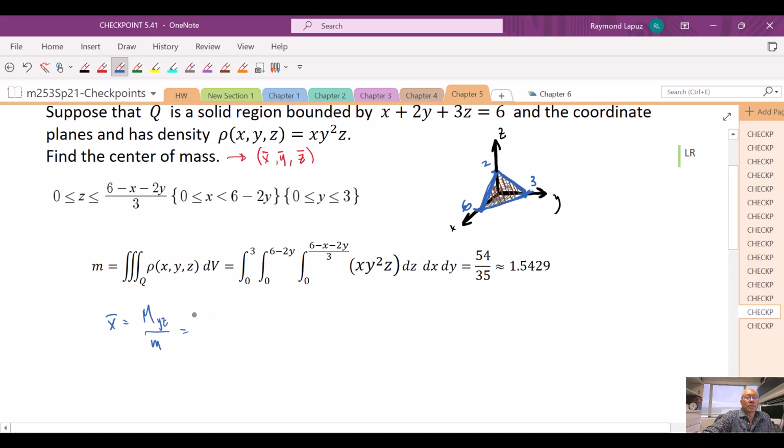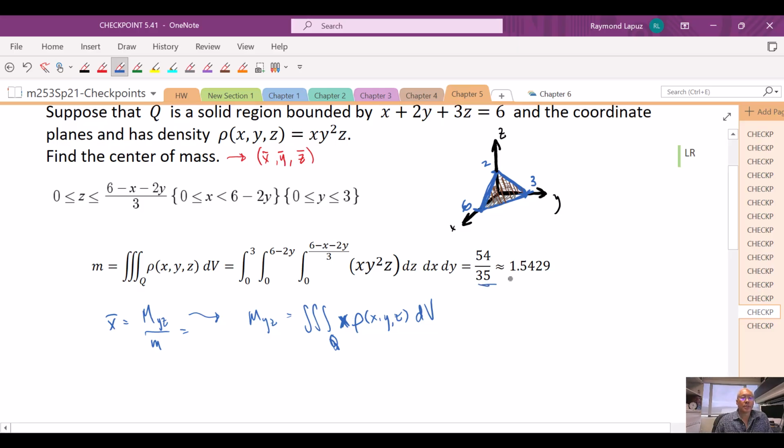The M_yz is going to be this triple integral over Q. It looks like this mass formula, a triple integral over Q of the density function, but we also want to include an x times that. Generally that's how you would find the average for a probability density function, and it works the same way for finding the moments for the average. And then we have, of course, m, which is going to be given by this value.